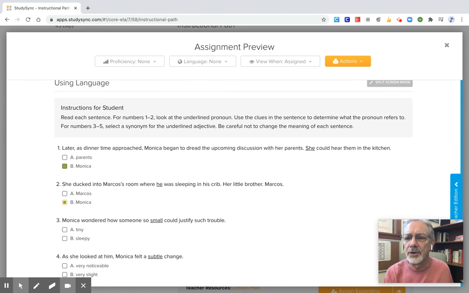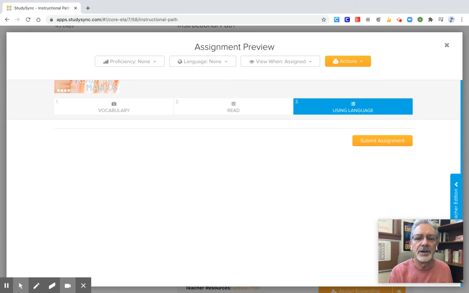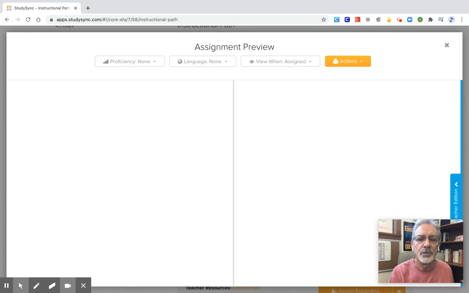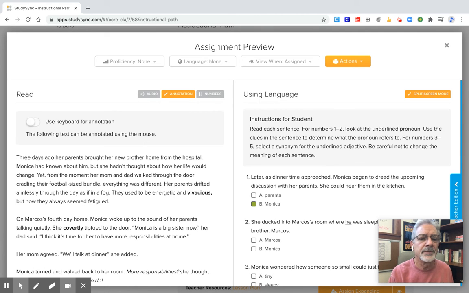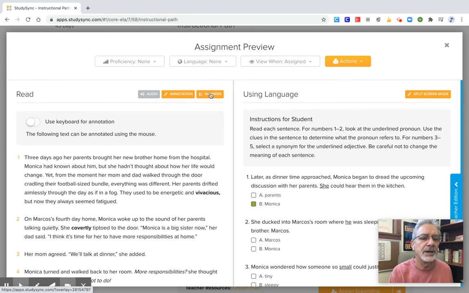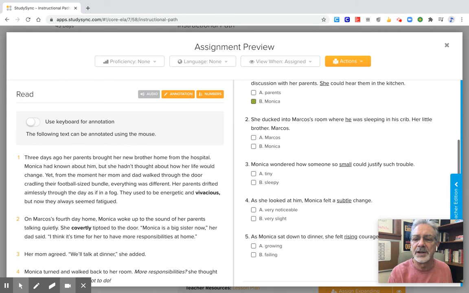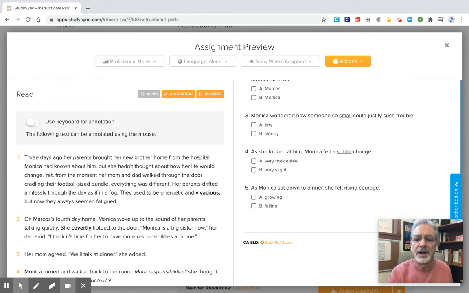Sometimes we want to take a look at what's going on in the story while we're looking at the questions. And if we go up here to where it says split screen and click on it, then on the left-hand side, we'll actually see the story, and we can even number it so that there's all the paragraphs. And then here's our questions over here on the right, and we answer the questions, and it might say in paragraph 5 something that's happening, whatever.